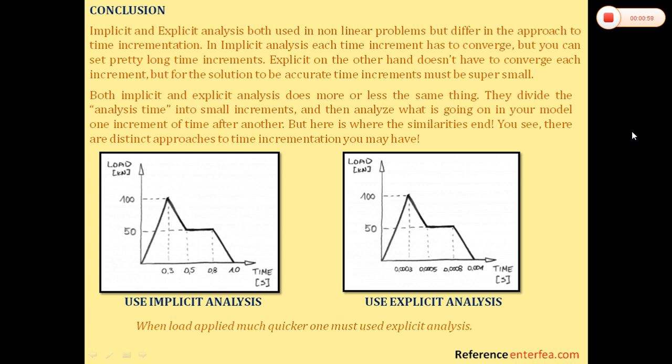If we have plenty of time available, then solve it by implicit. Otherwise we need not use implicit. If we want a solution very fast, then go for the explicit solver, which works quite well in these cases. So this is the basic difference between the implicit and explicit solver.